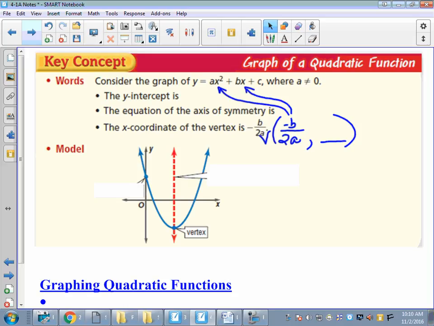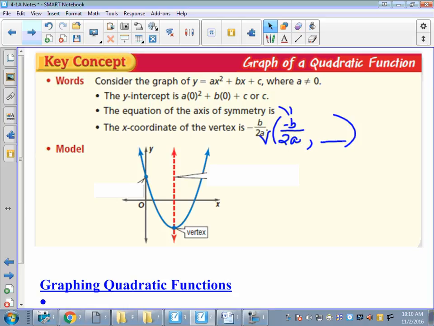The b and the a in that vertex formula are found within the equation. So using those numbers, a, b, and c in your quadratic function, you use those as a formula. The y-intercept is when x is equal to 0. When you plug in 0 into a quadratic function, it ends up giving you just the c value. If you plug in 0 and square it, you get 0 times a is 0.